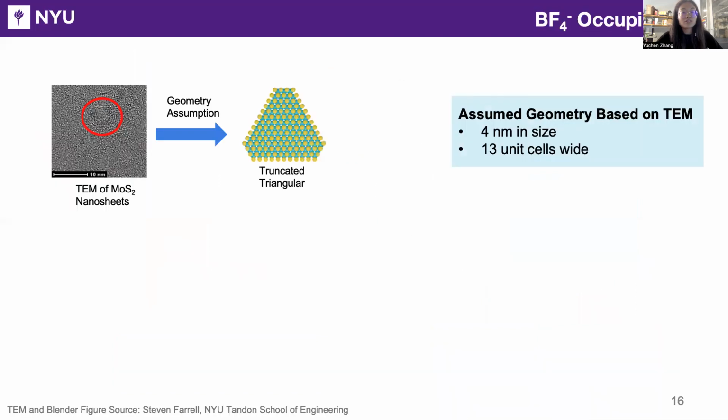Luckily, we could do math to confirm. So we first made an assumption of geometry based on our TEM result shown on the left. We could see an average of 4 nanometers in size, and that equals 30 units of molybdenum atoms across.